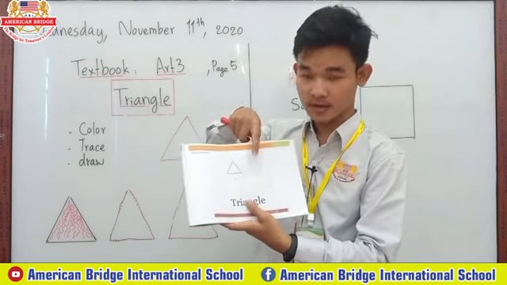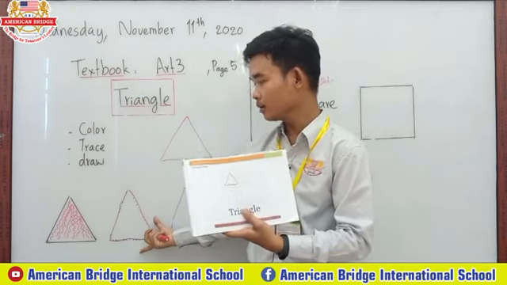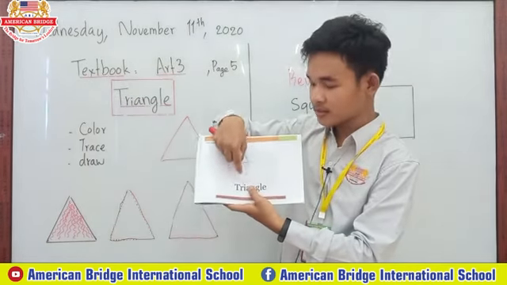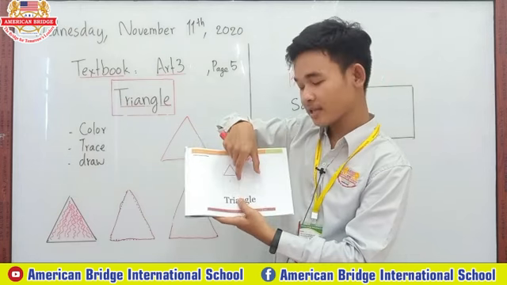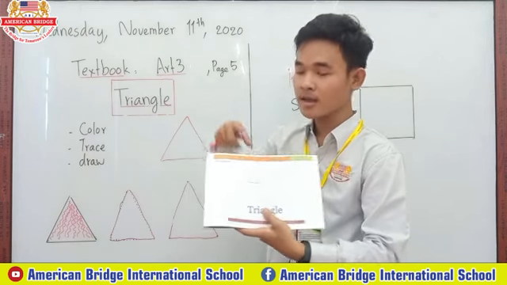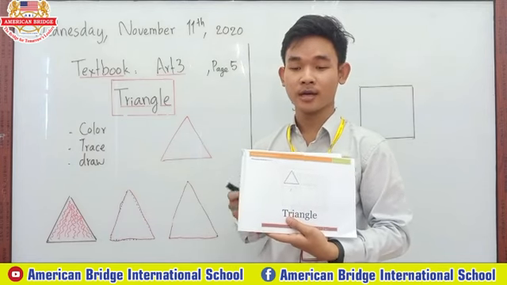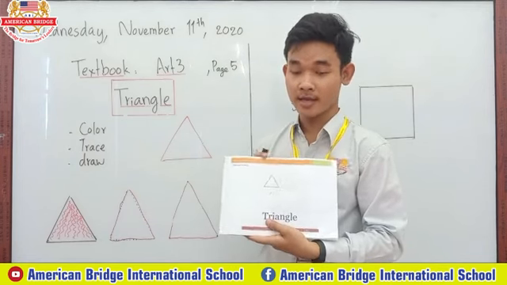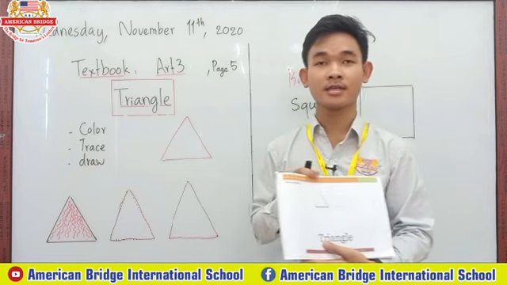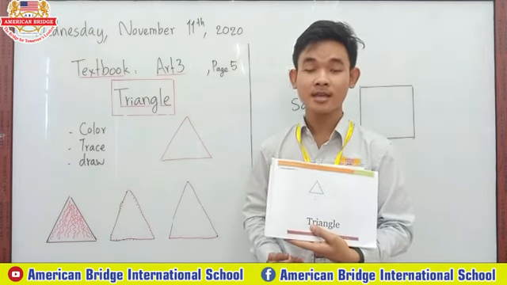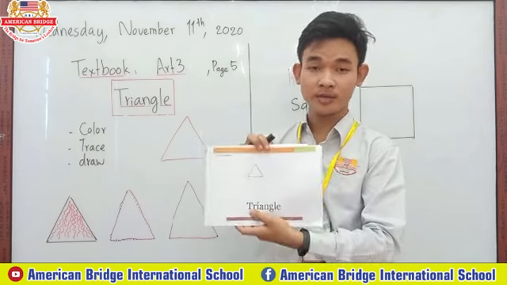And then you have to trace this just like I did earlier. And then you have to draw this, connect 3 dots together, and then make another triangle. So it's your turn now, and do it right now. And it's also the end of our class today. So don't forget to do this.